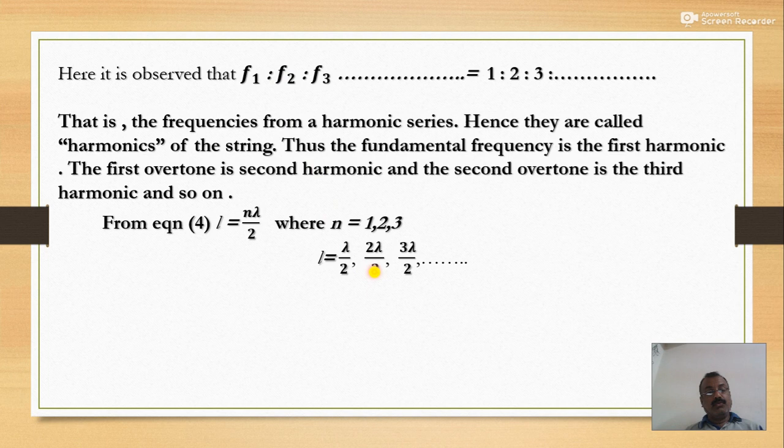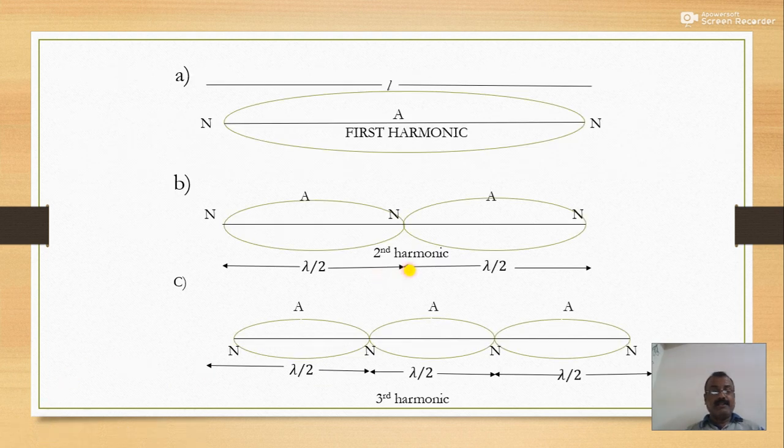In this, we get L = lambda. This is known as the second harmonic. The distance between any two consecutive nodes is lambda by 2. Finally, we can write lambda.